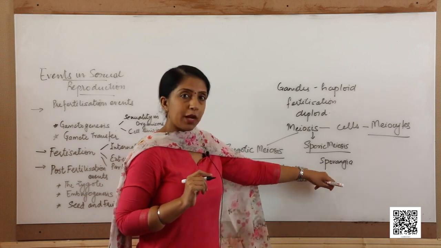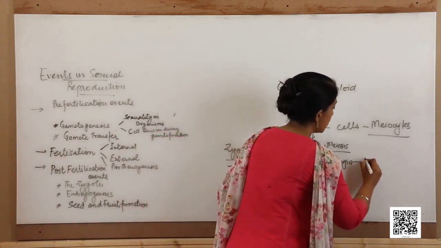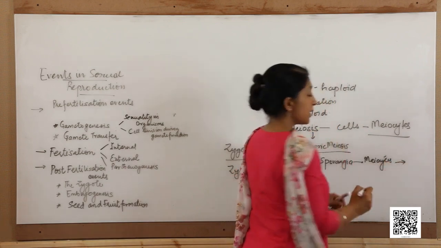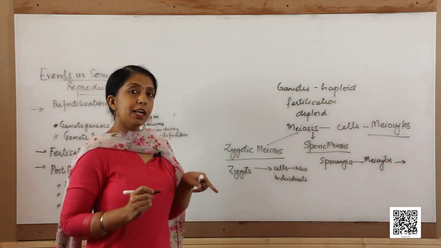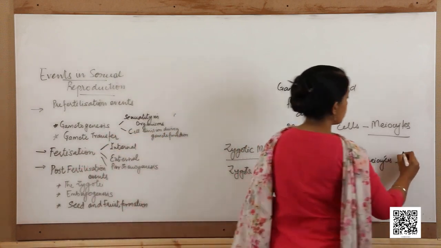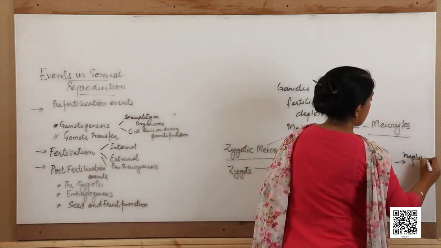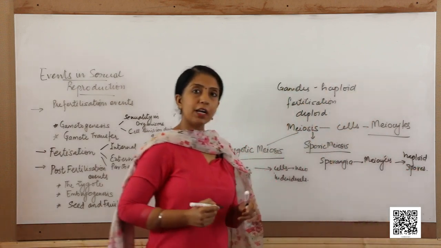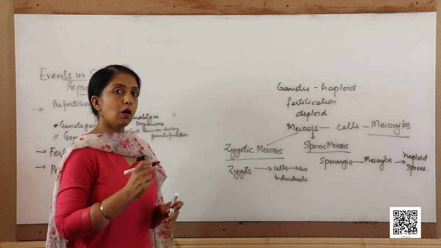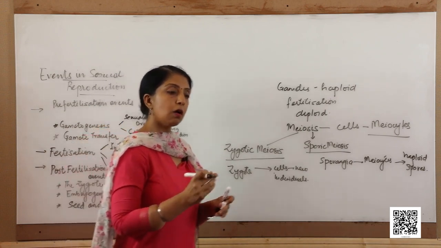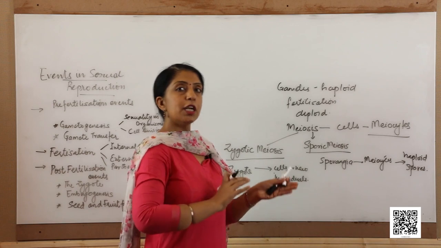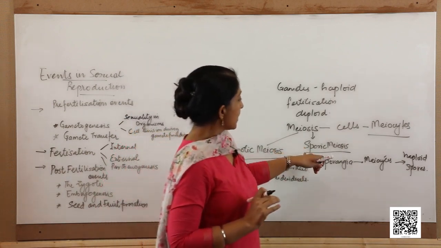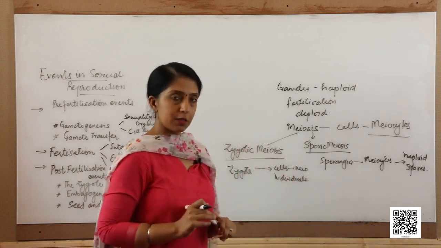The cells of the sporangia act as meiocytes. Meiosis takes place in these meiocytes and it produces haploid spores. These haploid spores then germinate to form the gametophyte or the haploid individuals, which later on by mitosis produce the gametes. So, this kind of meiosis is called sporic meiosis.